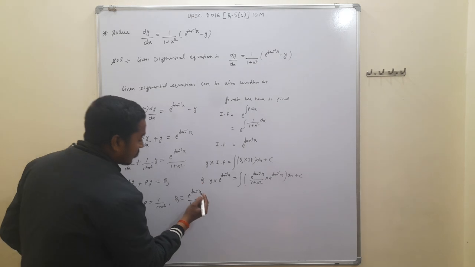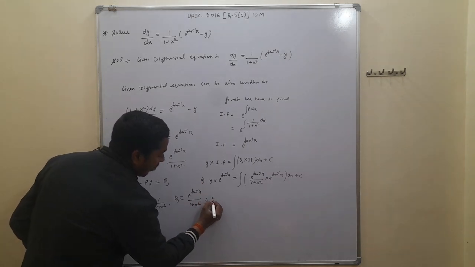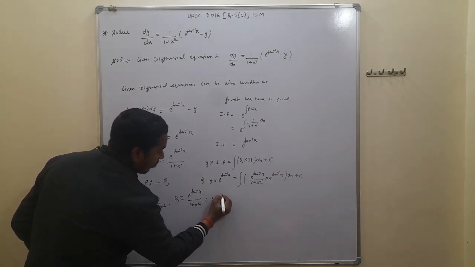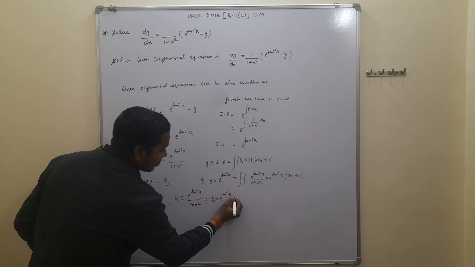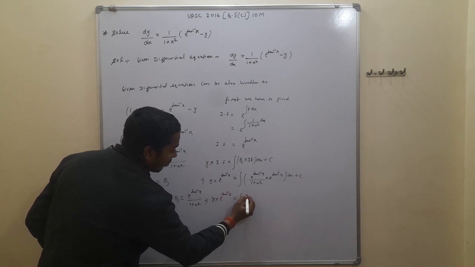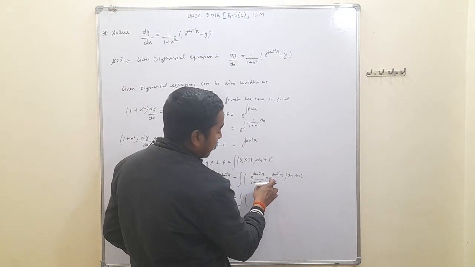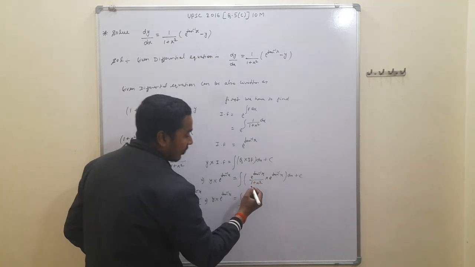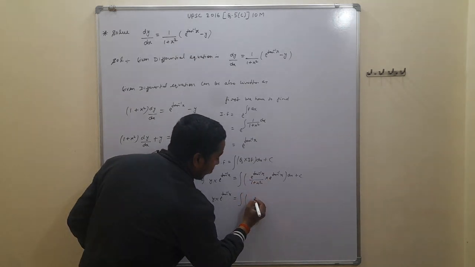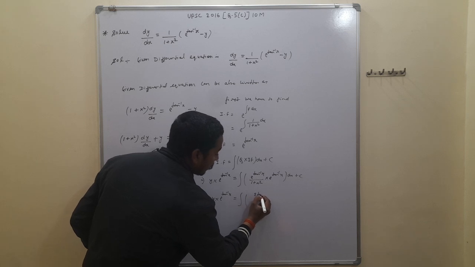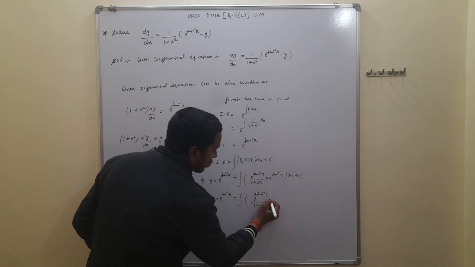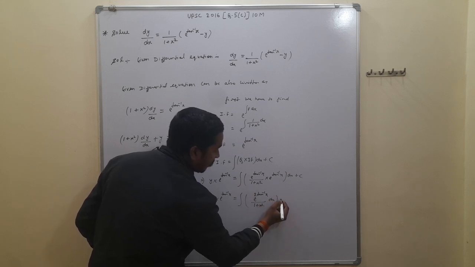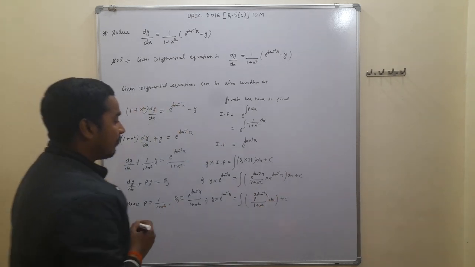From here we can also write y into e to the power of tan inverse of x is equal to integral of, if the bases are same then powers are added, so e to the power of tan inverse x into e to the power of tan inverse x is written as e to the power of 2 tan inverse of x upon 1 plus x square, dx plus c.